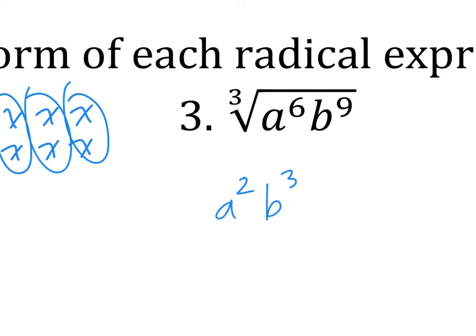Why is that? Because this is a cube root. When it's a cube root, whatever sign it is, it always comes out. We cannot guarantee that it has to be positive.